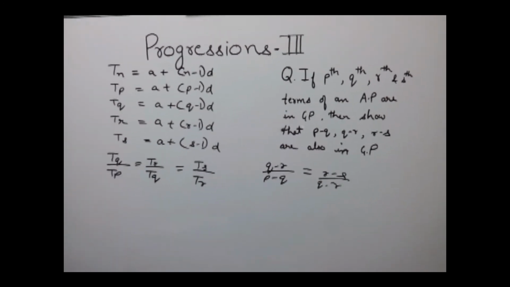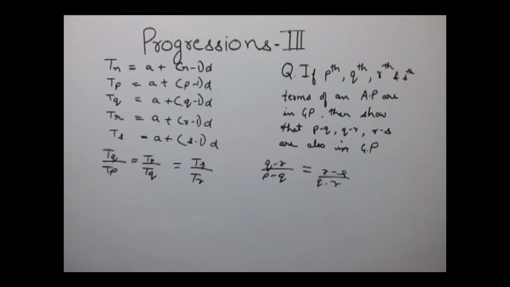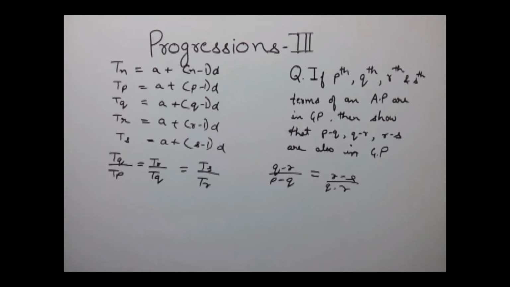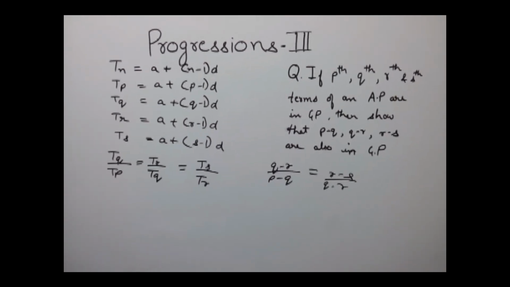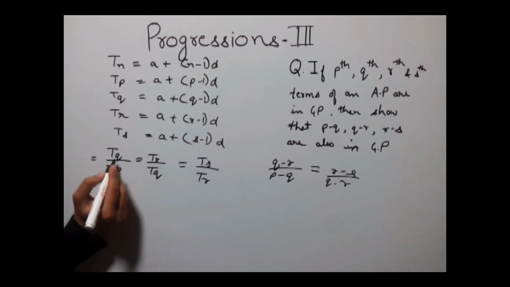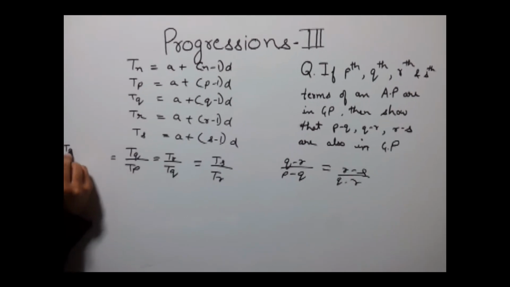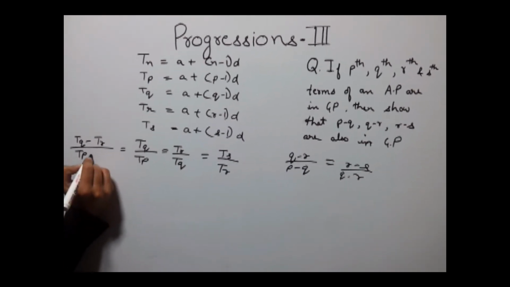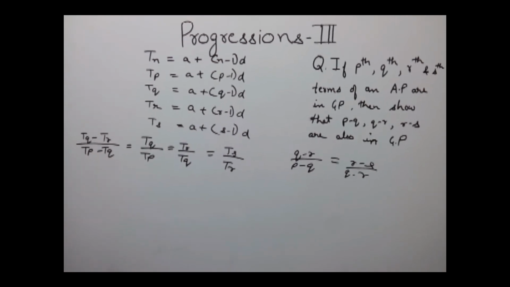We know that this is a fact, that the ratio of the terms is also equal to the ratio of the difference of their numerators and the difference of their denominators. That is, this expression will also be equal to TQ minus TR upon TP minus TQ.